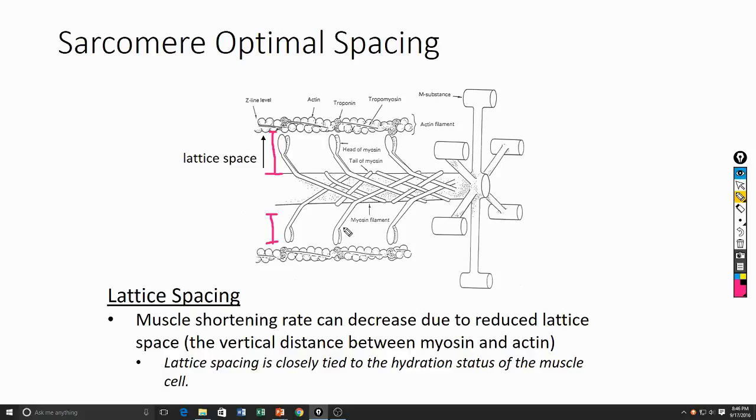There's always optimal ranges for things. So we just looked at the horizontal and now the vertical components of the sarcomere, and of course the inability to grab onto actin in either one of those two instances will seriously reduce one's ability to produce power, which is really what we get out of the force that's produced by the cross bridges.